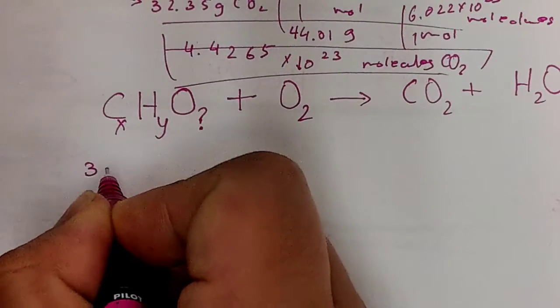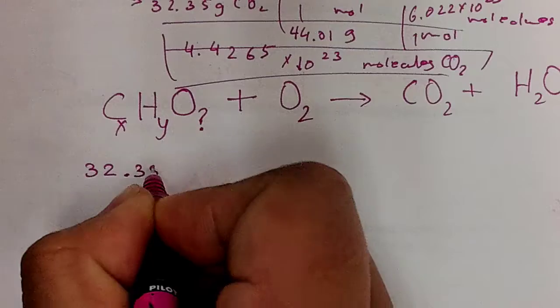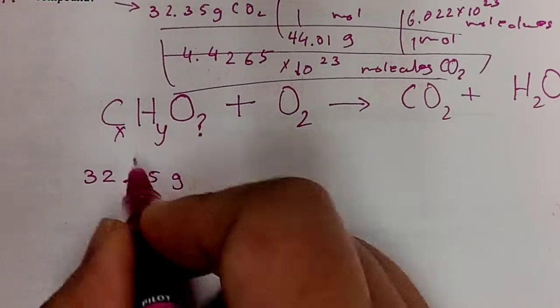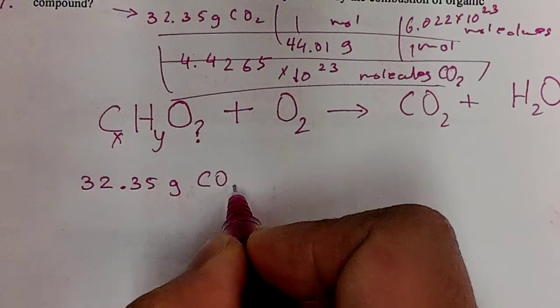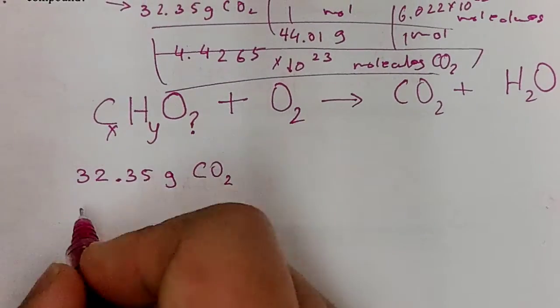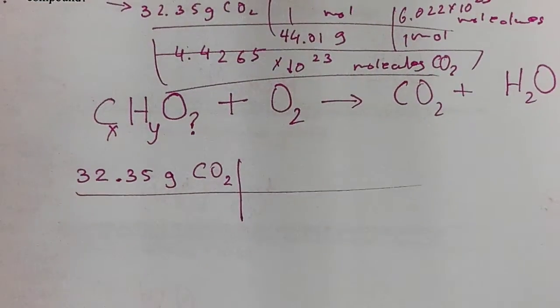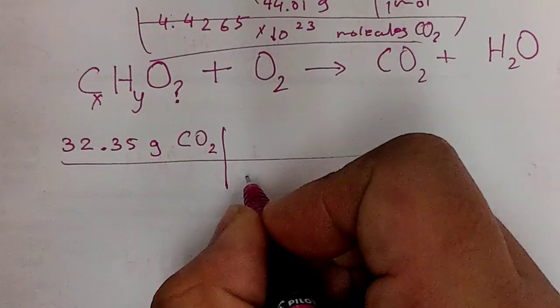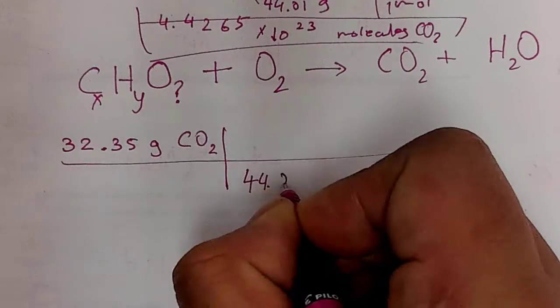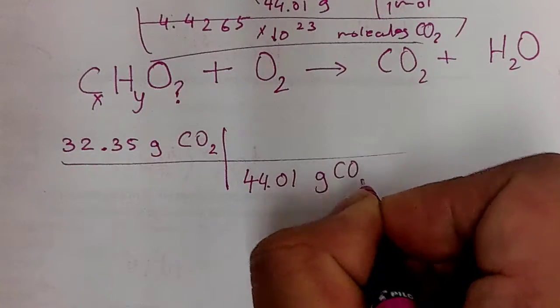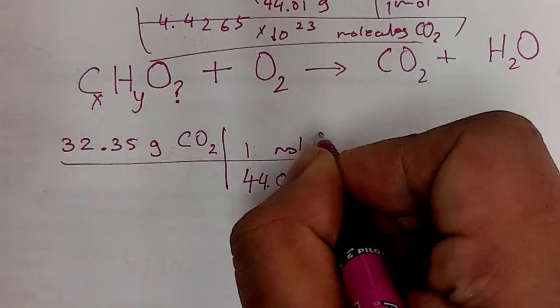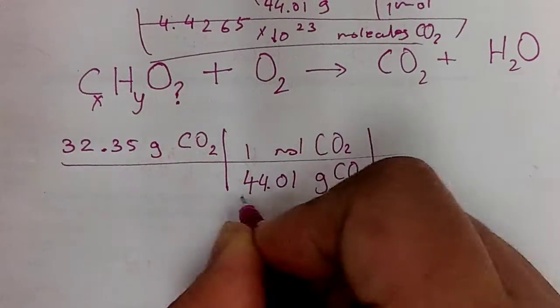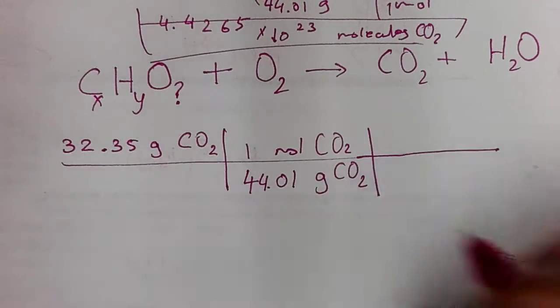So I'm going to say 32.35 grams of CO2. I'm going to convert it all the way to grams of carbon. So I'm going to use the molar mass, 44.01 grams of CO2 per 1 mole of CO2. For people who are wondering where I get this from, it's the periodic table, molar mass.